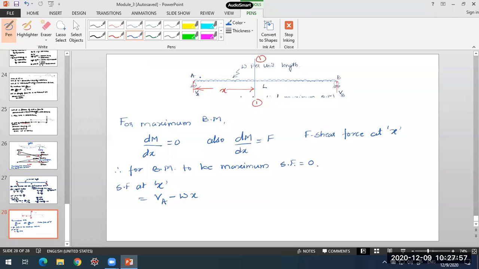This UDL is covering only this part, up to the distance x we are considering. So this comes out to be WL by 2 minus W into x.